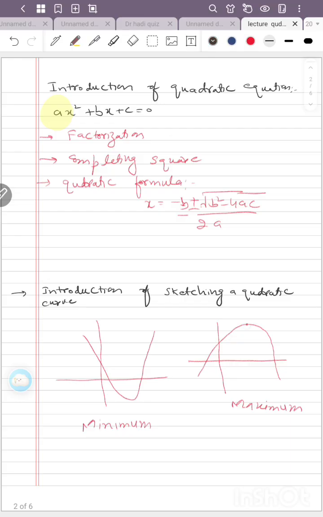This one here is our turning point. This is our turning point. This is our turning point. According to this, we say the turning point is H and K. And there is our y-intercept.